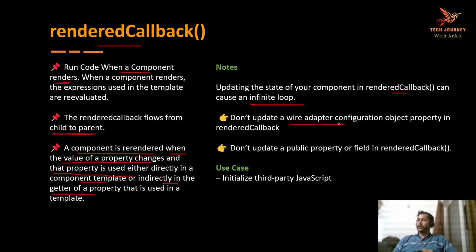We will discuss wire adapter configuration more in today's session, but for the time being, you can assume that the wire adapter configuration object is the reactive property of the wire adapter, and when that reactive property changes, your Apex method will be called. So you should not update a wire adapter configuration object property in the rendered callback. Also, you should not update any public property or any field in the rendered callback.